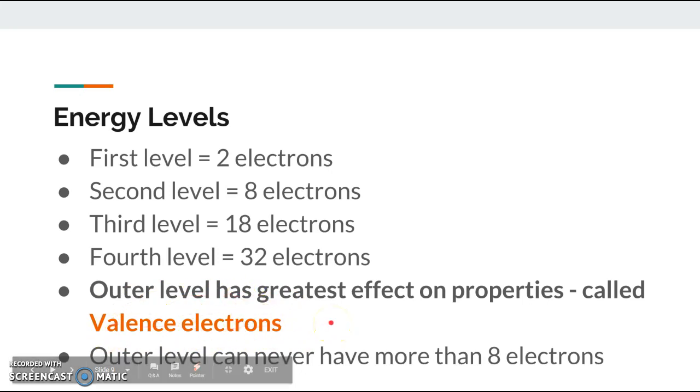The periodic table is such a beautiful thing because it tells us how many valence electrons the elements have just by what column they're in, which is fantastic. You guys don't realize how well laid out the periodic table is and how much we can learn from it. So the outer level can never have any more than 8 electrons. And again, bear with me. I'll get you there, okay?